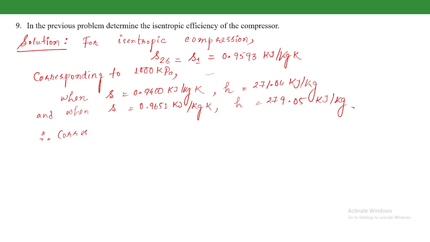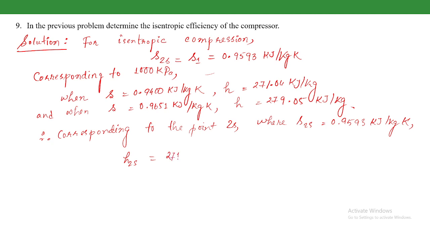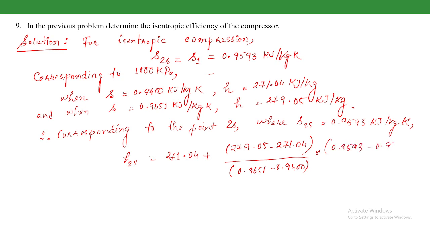Therefore, corresponding to the point 2s, where s2s is equal to 0.9593 kilojoule per kg Kelvin, h2s is equal to, we are doing the interpolation now, 271.04 plus (279.05 minus 271.04) by (0.9651 minus 0.9400), times (0.9593 minus 0.9400).